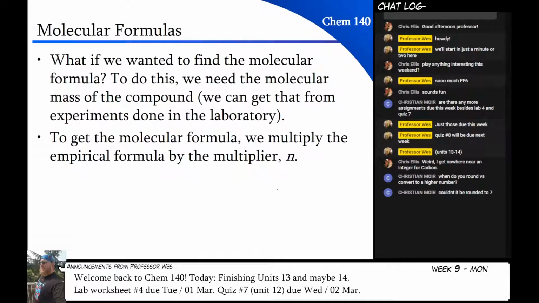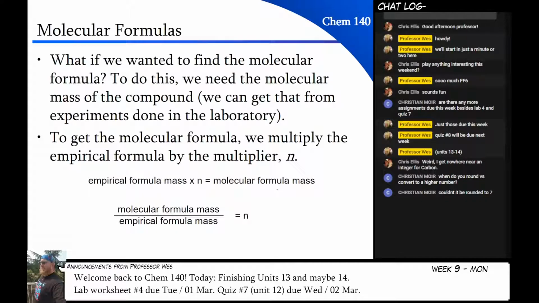And so what we're going to do is multiply the empirical formula by the multiplier to get the molecular formula, so we need to know the multiplier. If I know the mass of the empirical formula, because I know the empirical formula, and I know the molecular formula's mass, I can then calculate the multiplier.